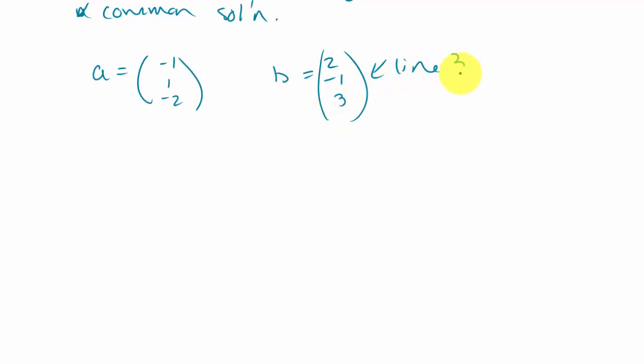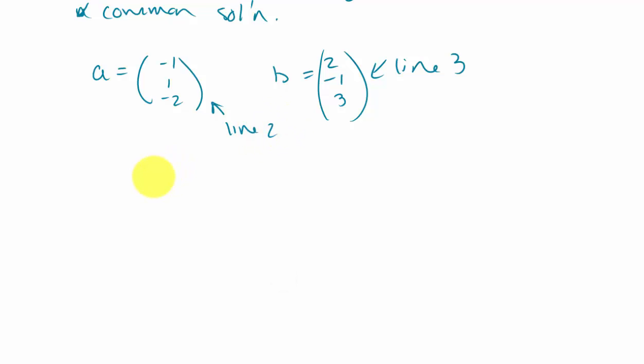The next part was asking us to find the angle. So if we take the direction vector, we have -1, 1, and -2. And I'm going to call the other one B, which is 2, -1, 3. Just so you know, this is line 3, and this is line 2.